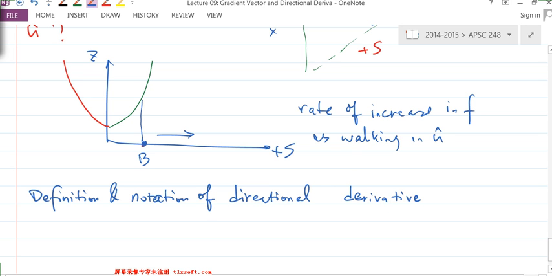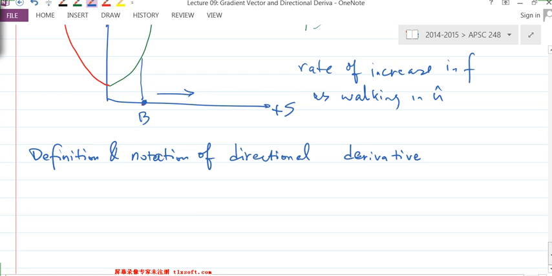Suppose I have a function f and a point p0, and we also have a direction of walking, u hat.